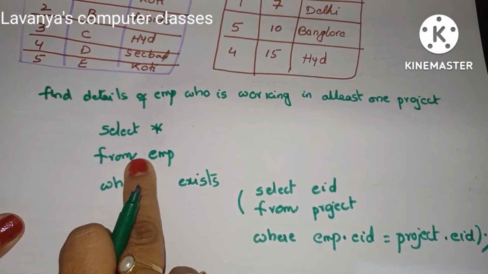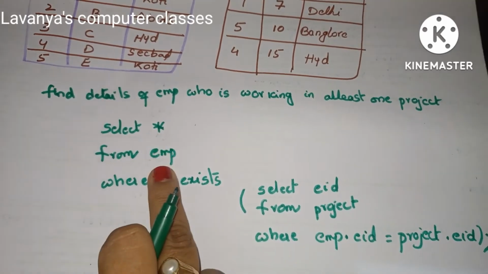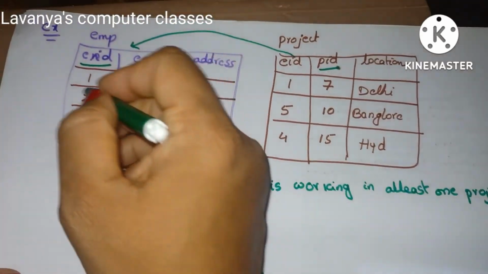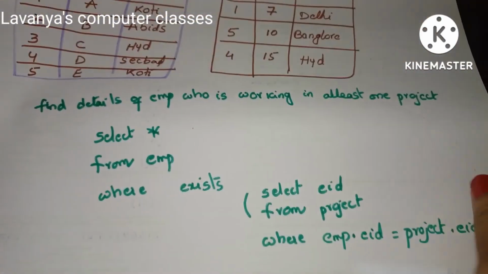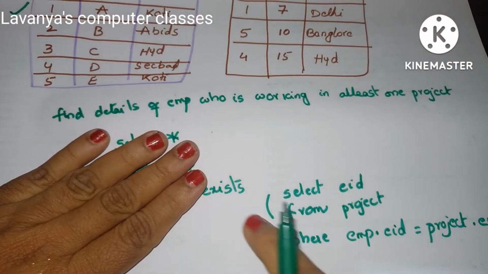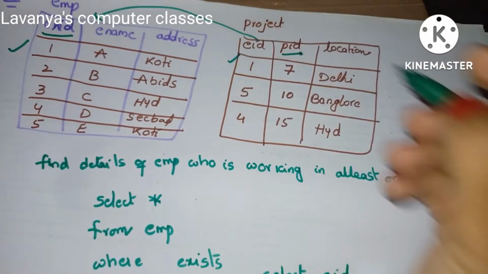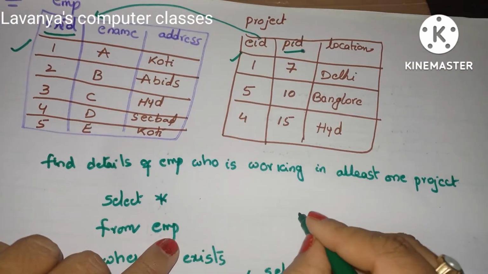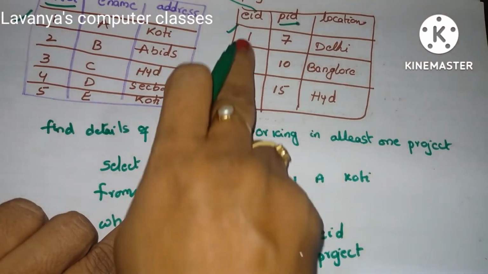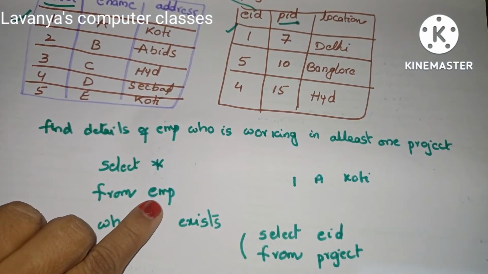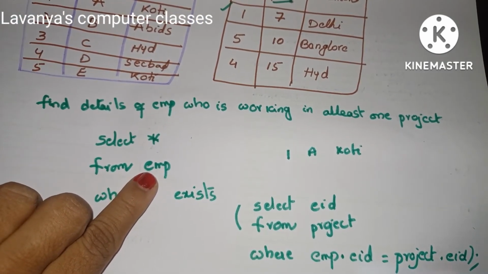First, the outer query executes: select star from employee. That means it retrieved the first record, 1 A Koti, and keeps it outside. This is compared with the inner query, select EID from project where employee ID equals project.eid.